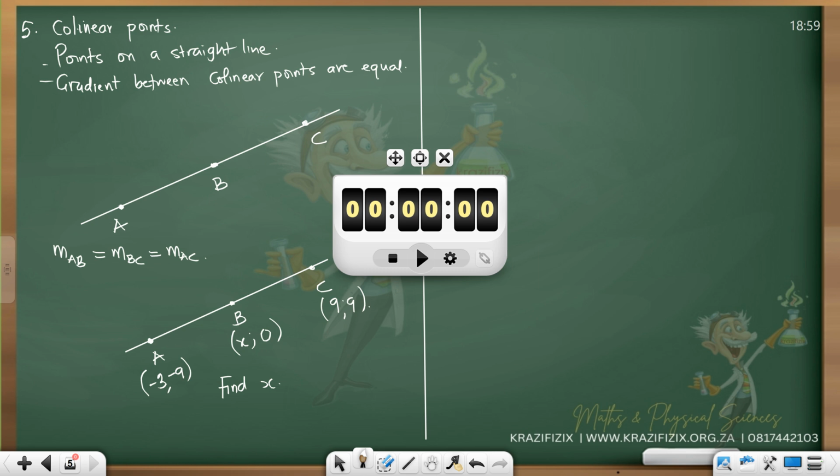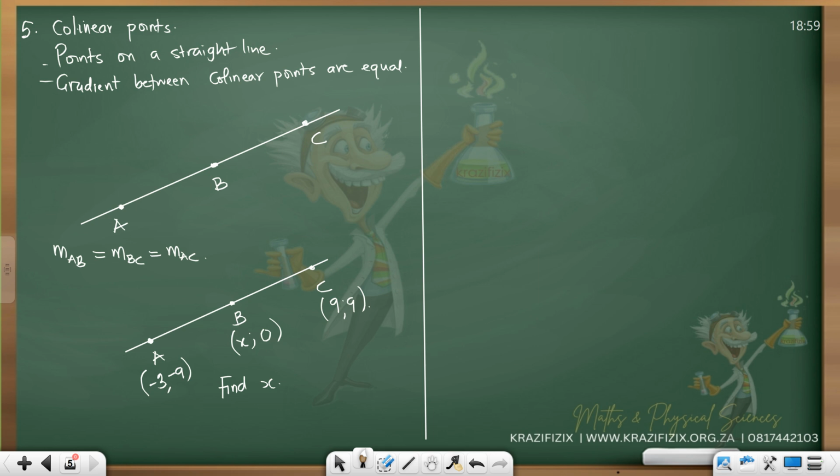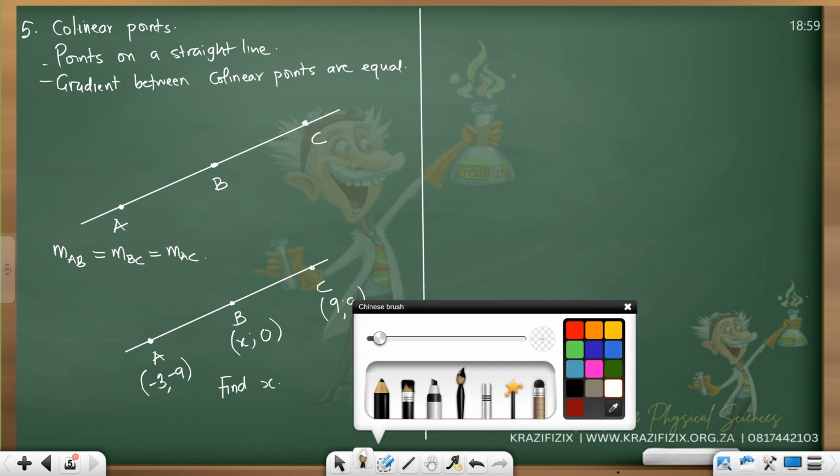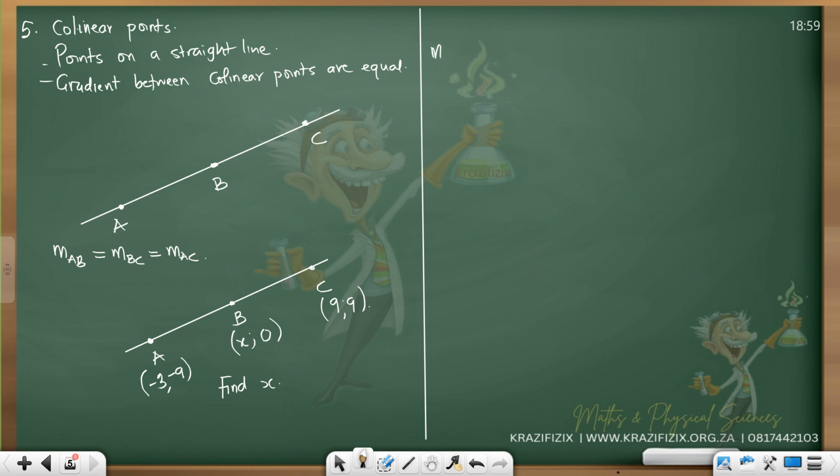All right, let's quickly work it out. I don't think it's a 0. I can calculate the gradient of AC, which makes it a lot better for me. So we can get the gradient of AC because we know those points: YA minus YC over XA minus XC.